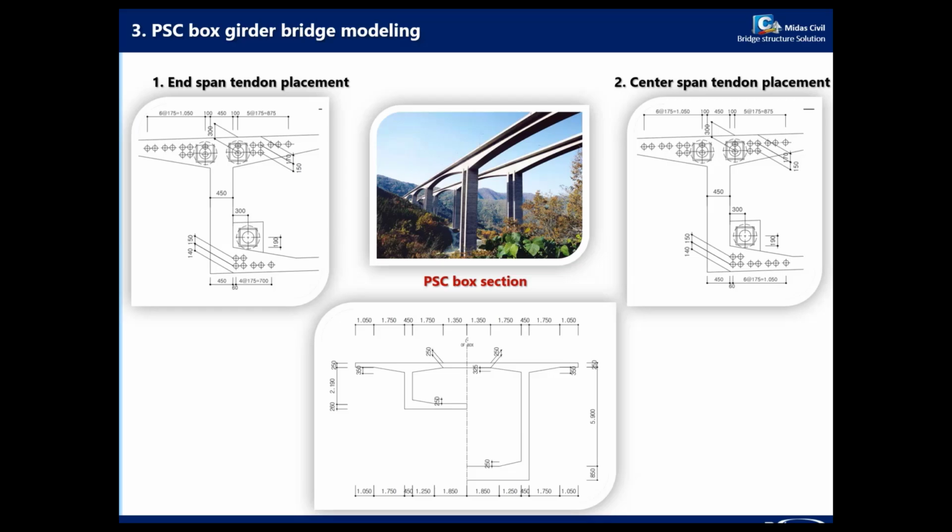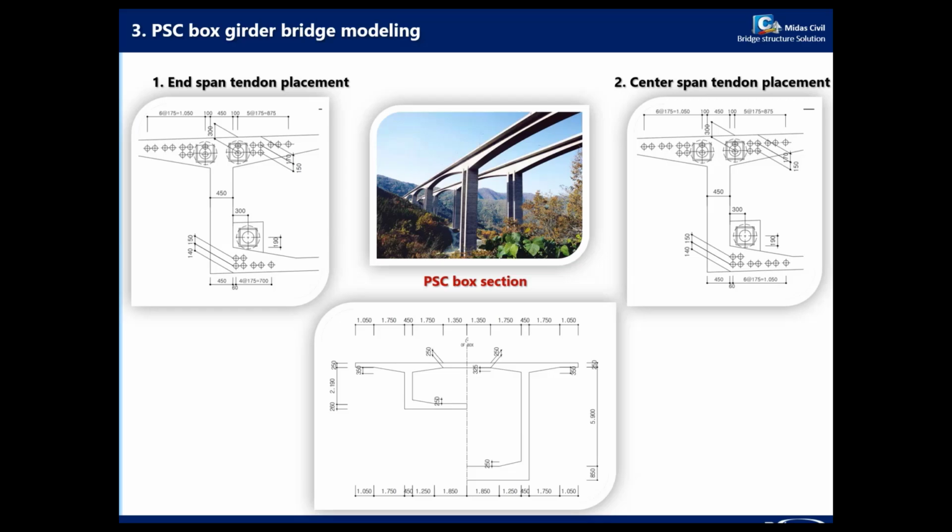And this figure here shows the section at the middle span, and you can see that the section at mid span is not deep, but the section for the pier is really deeper compared to other sections.